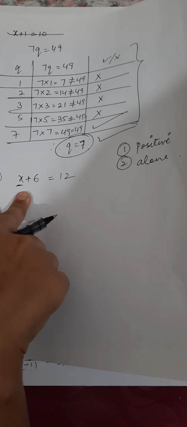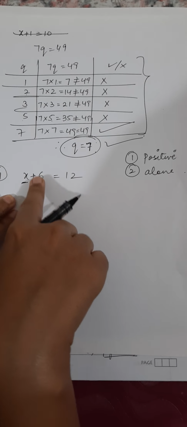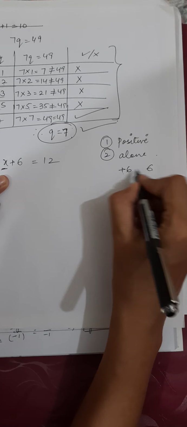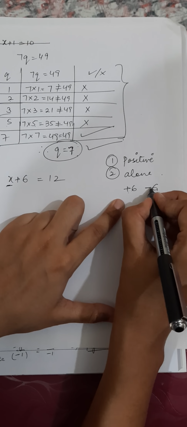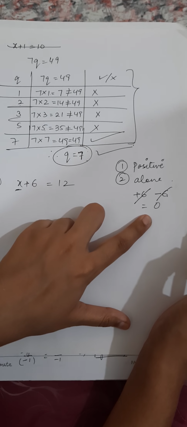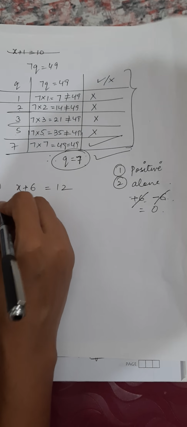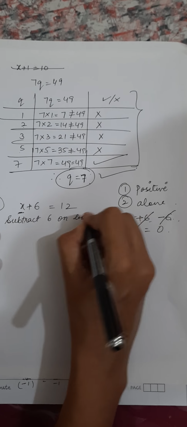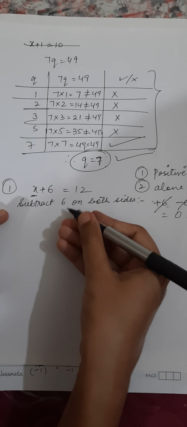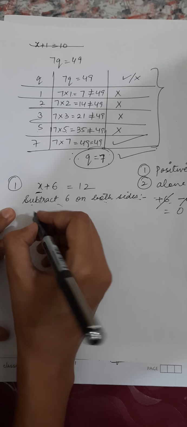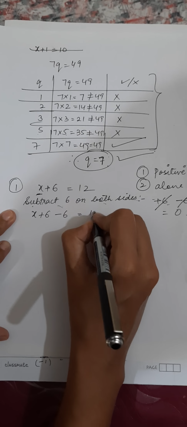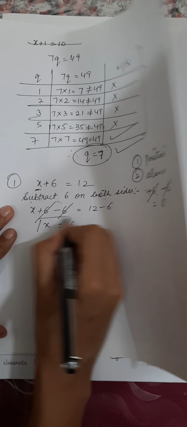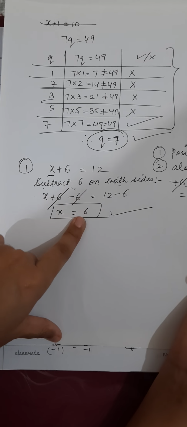So to make it alone, since 6 is there, I am going to take minus 6, because I know when two numbers are the same and one is plus, the other is minus, then the answer will be 0 because they will cancel. So I am going to subtract 6 on both sides, and you have to write this line that in the next step you are going to subtract 6 on both sides. x plus 6 minus 6 is equal to 12 minus 6. Now 6 and 6 cancelled, so this will become x is equal to 6, and this is your answer. You have to find the value of x, and it is coming 6.